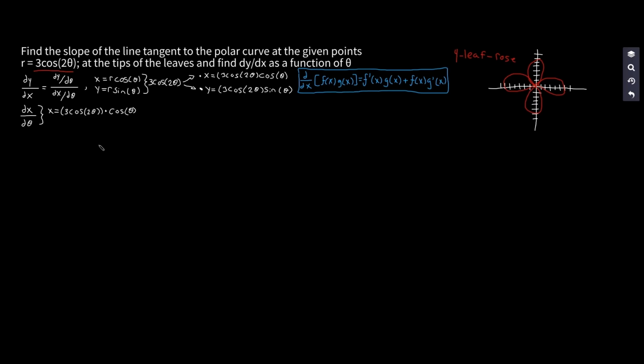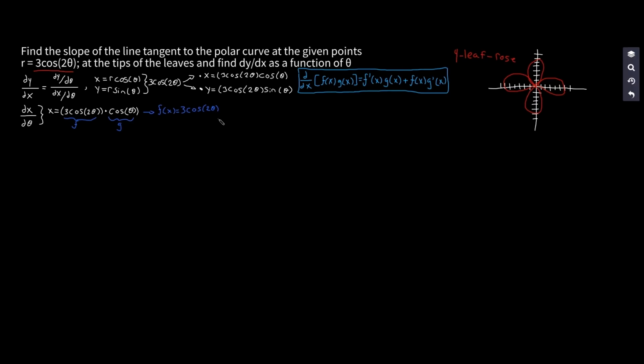Now on this channel, we investigate patterns. So this here can be f, and this here can be g. And that's great, because then we could say that, all right, let's get started on breaking down this product rule. Set f of x equal to 3 cosine of 2 theta.